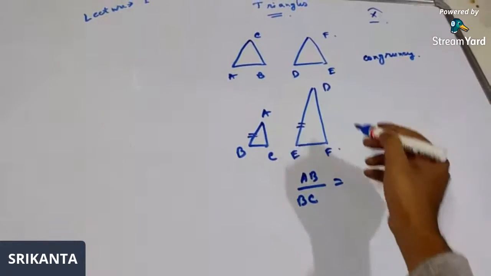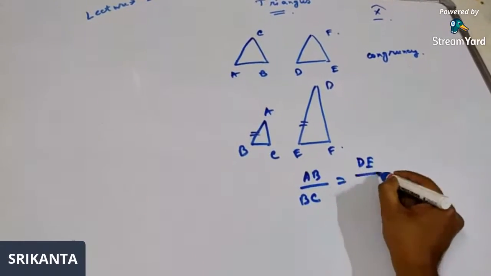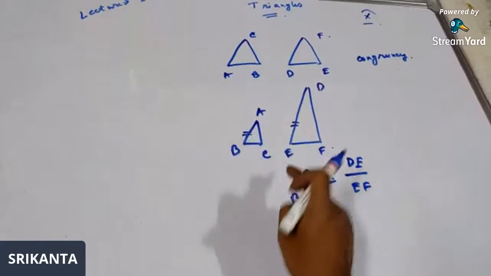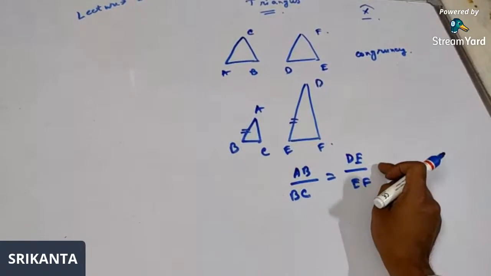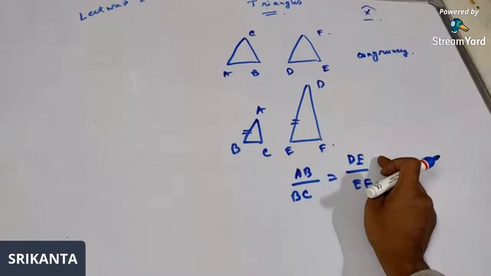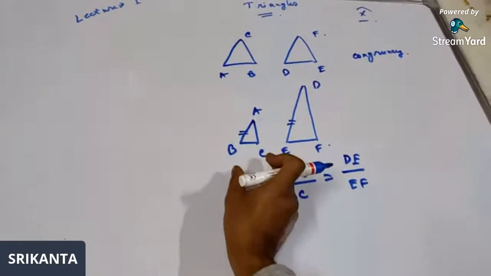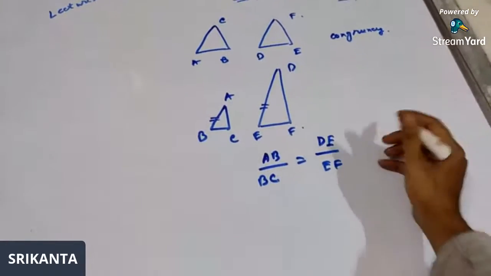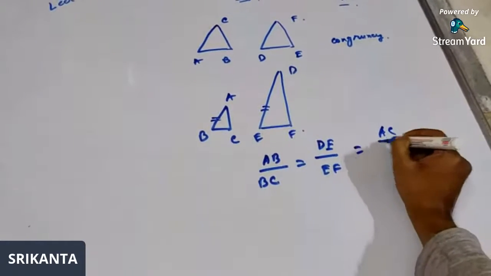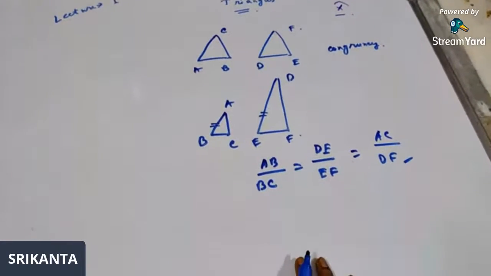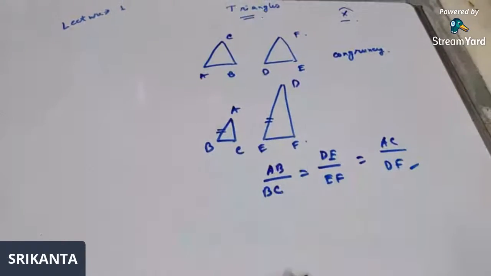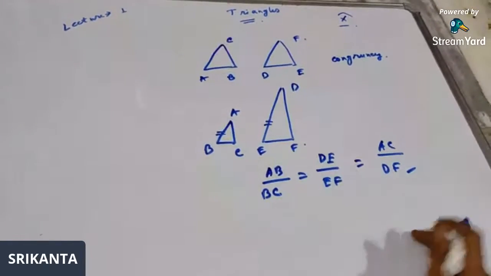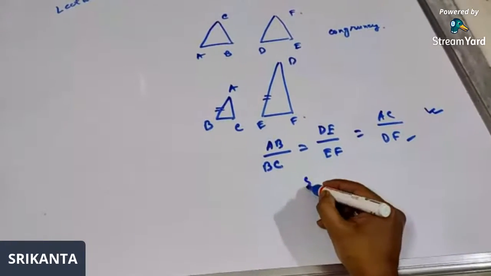So here we have to write DE by EF, not the other way around, right? We are writing here first AB in the numerator. So here also in the numerator we have to write DE. That means its corresponding sides. Here we have written BC, so there we have to write EF. We cannot write DF. And finally we have AC by DF. Clear? So these two triangles can be similar if the ratio of the corresponding sides are equal. This is similarity.